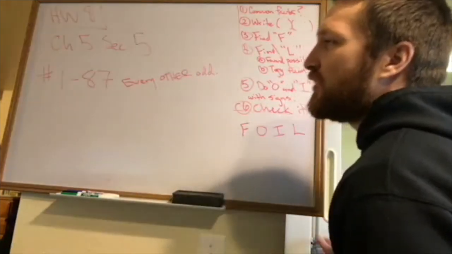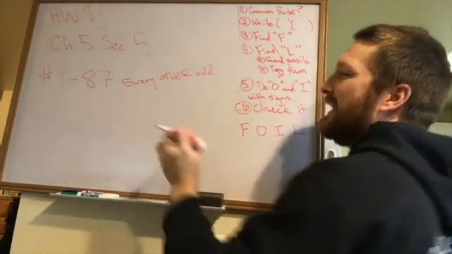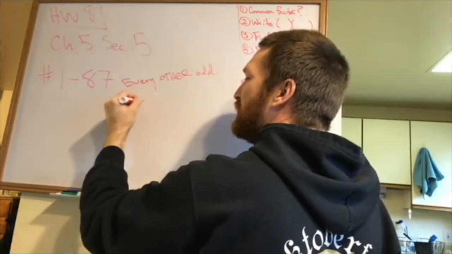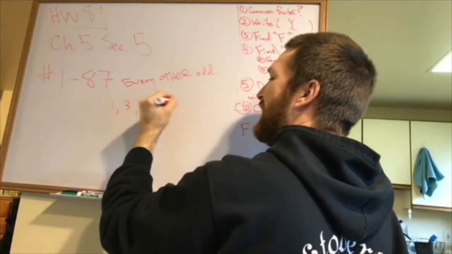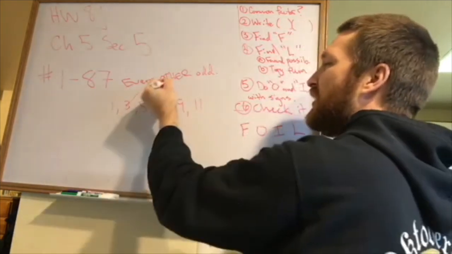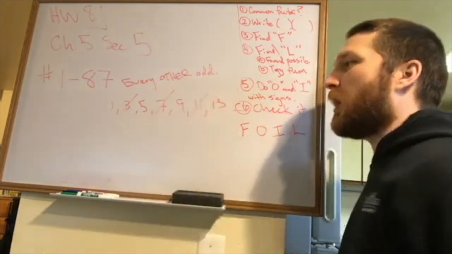So that breaks down a lot. That's like 24 questions. It's 1, not 3. So what you could do is just think about this: 7, 9, 11, and go every other odd. So you're not doing 3, you're not doing 5, and so on.